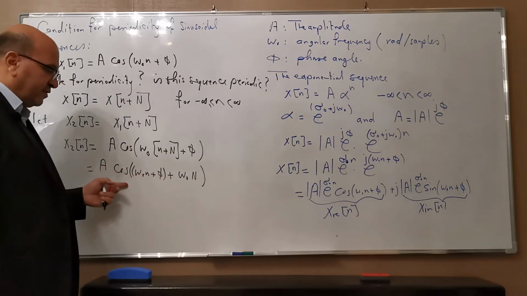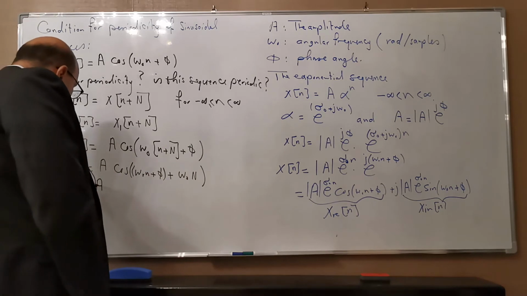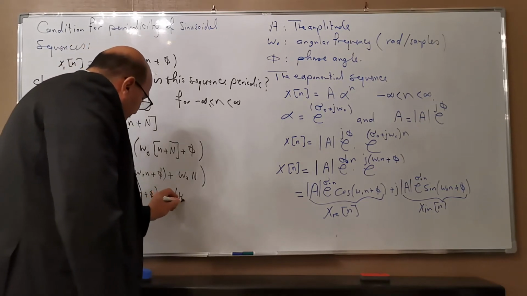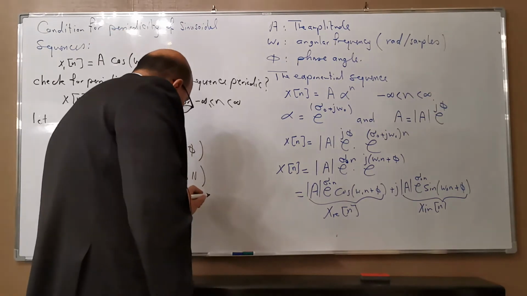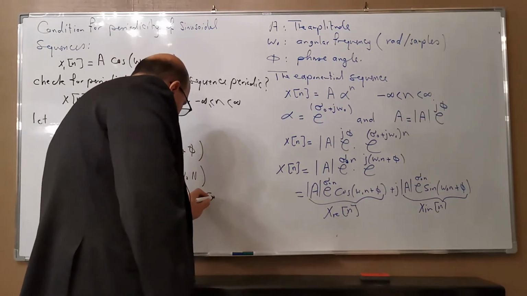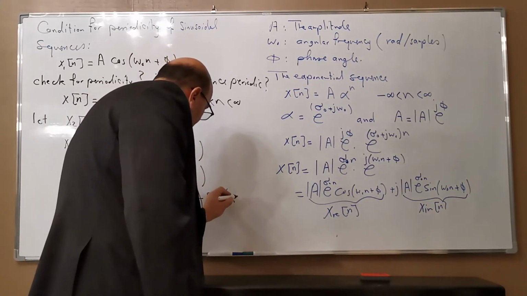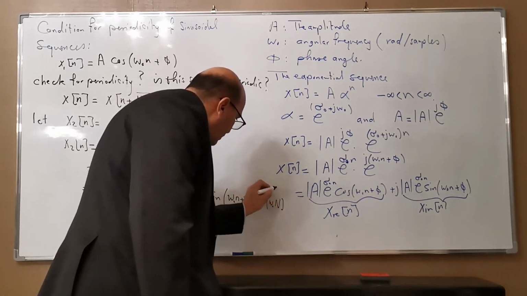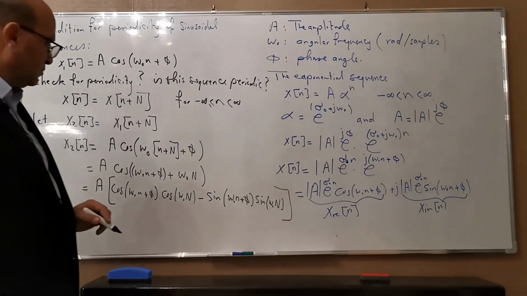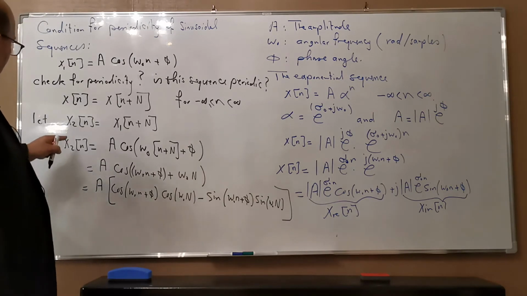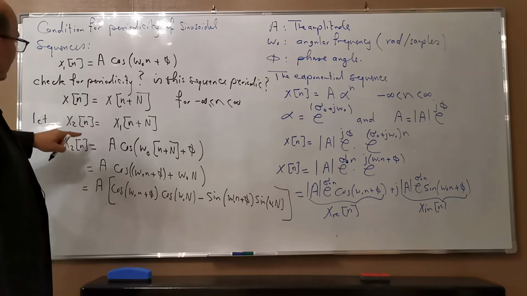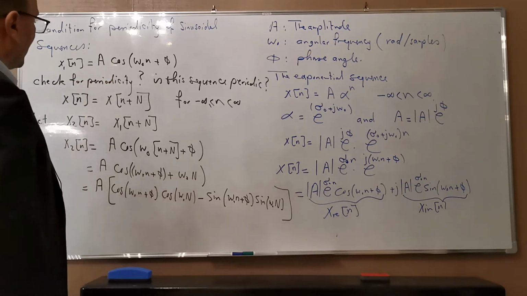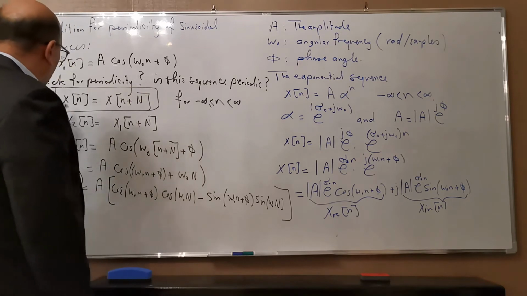So this is the cosine of the summation of two angles, which equals a times cosine omega 0 n plus phi cosine omega 0 capital N, minus sine omega 0 n plus phi sine omega 0 capital N. This function is periodic if x2 equals x1.